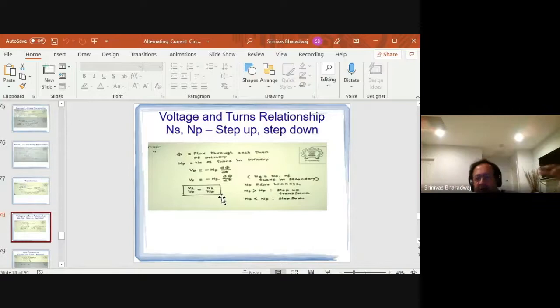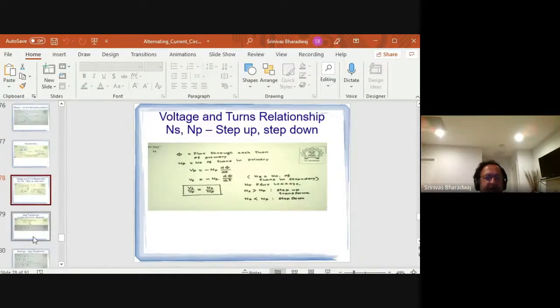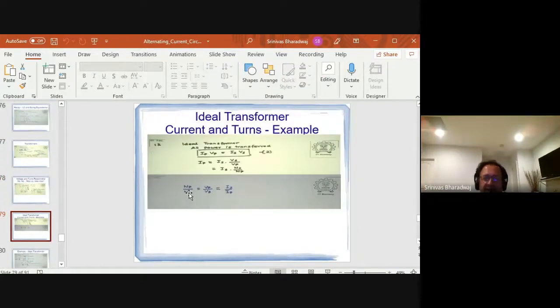You supply 100 volts AC on this side, and you will end up with 200 volts on the other side if Ns is twice that of Np. If it was 3 times that of Np, you will end up with 300 volts on this side. So that is the nature of the step up or step down of the voltages, and this is done using transformers. And transformers use Faraday's law, right? They induce current on the other side.